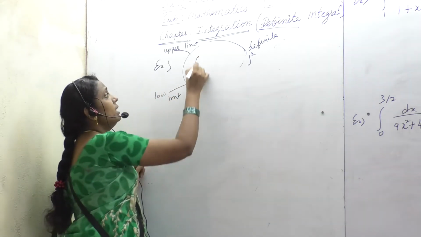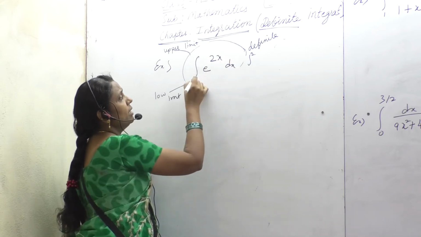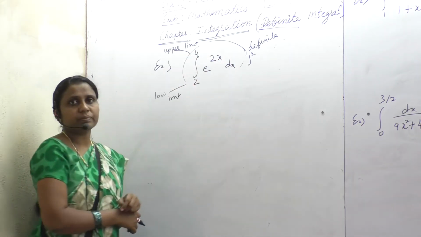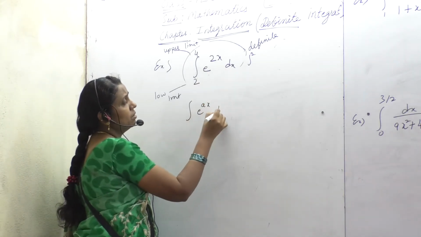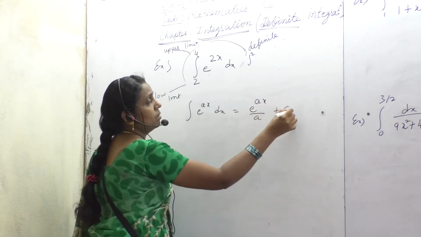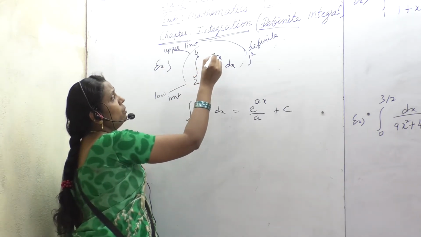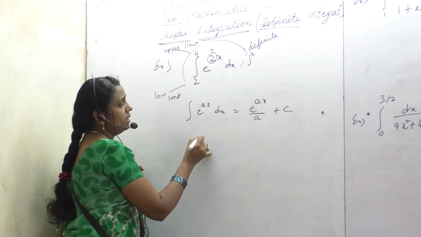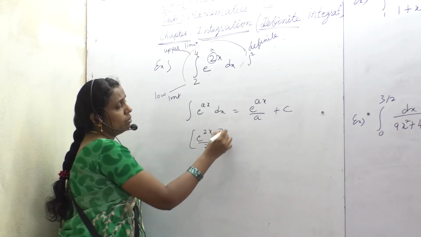Integration e raised to 2x dx, and the limits are from 2 to 4. What is the integration of e raised to ax? It is e raised to ax by a. So here a is 2, so e raised to 2x divided by 2, and the limits are from 2 to 4.